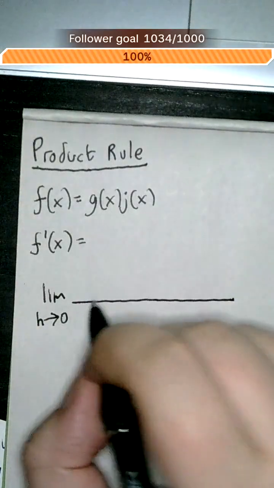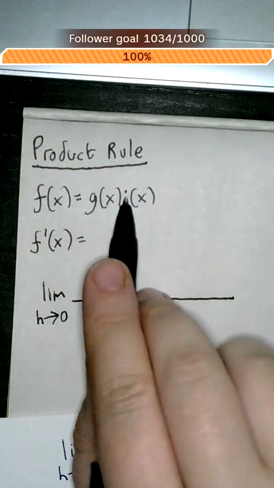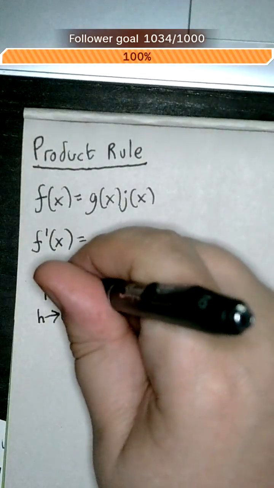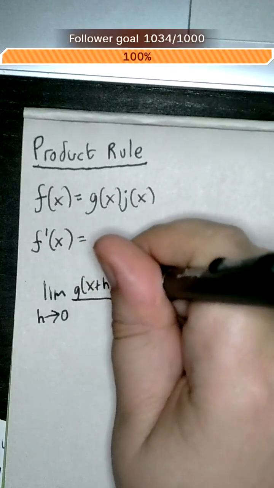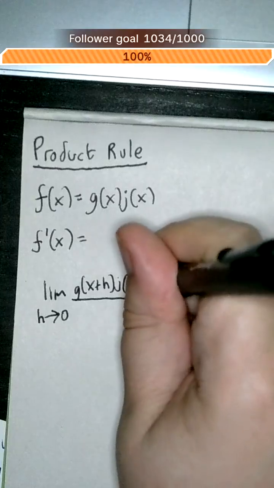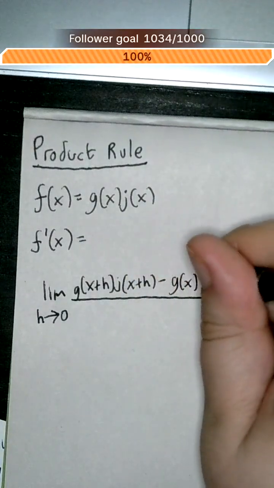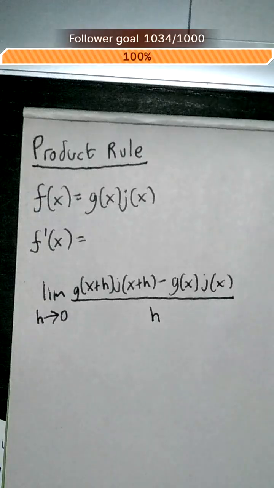Remember, f of x plus h means everywhere there's an x in the function, I replace it with x plus h. So this is going to be g of x plus h times j of x plus h minus g of x times j of x, all over h.